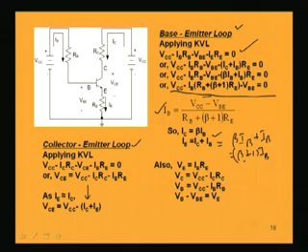So, I can write this approximately as VCE equal to VCC minus (IC plus IE) into RE, if I consider IE equal to IC, then I can combine these two.